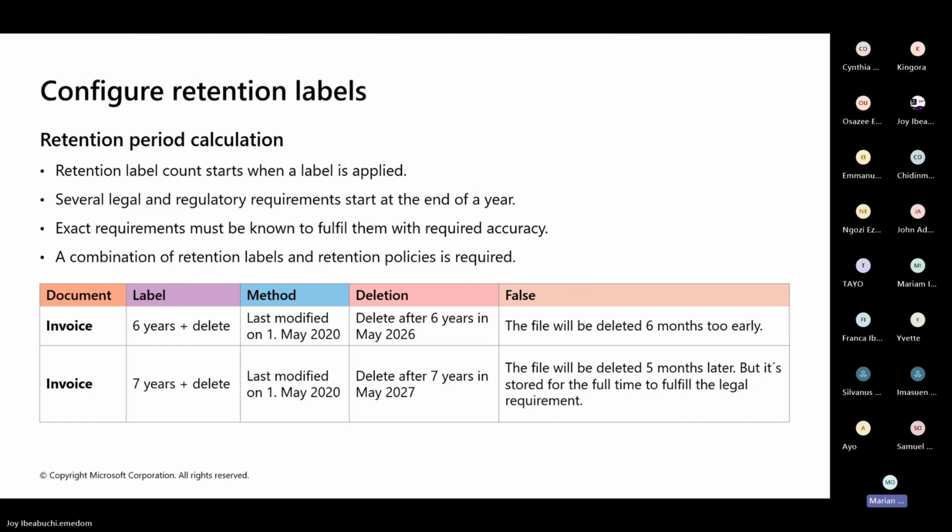Then another scenario: it's 2024 and I changed the retention label to 3 years, or 7 years. Will it automatically overrule the initial one I created and start from that date with the new retention label? So these are the two scenarios I want to ask about.